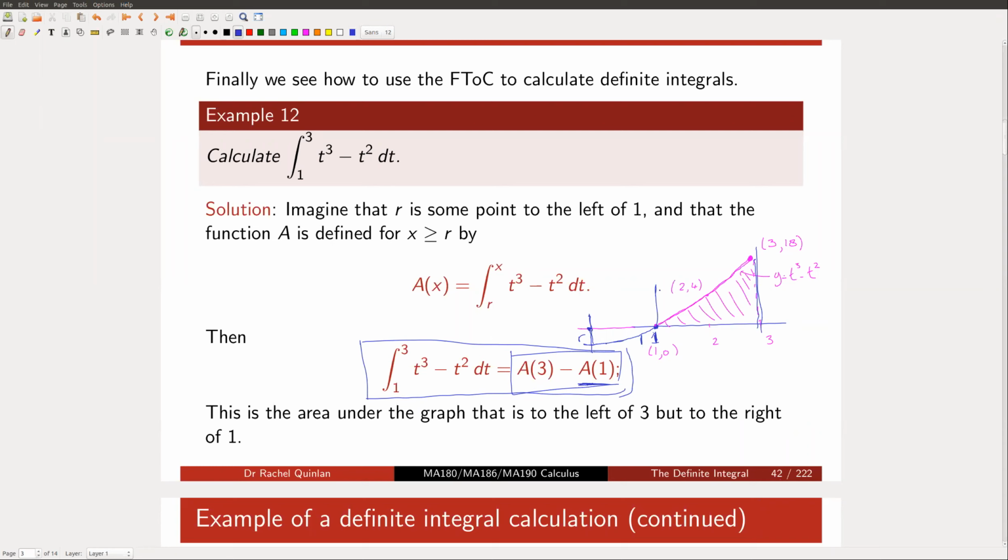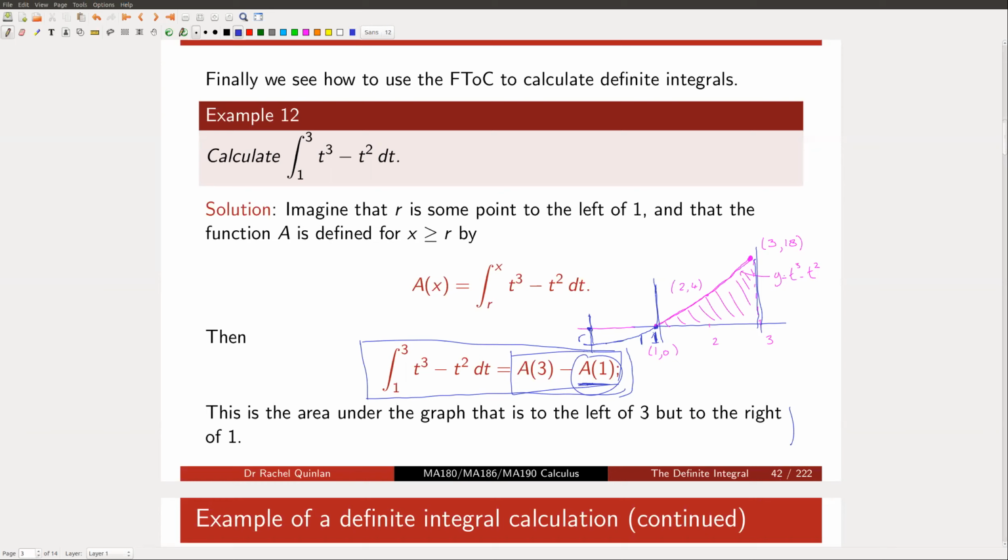And A of 1 includes all the area to the left of 1 as far as R. So if we want the area just between 3 and 1, we want everything to the left of 3, but not to the left of 1. So we should subtract the stuff to the left of 1 from the stuff to the left of 3. That's the justification for this assertion, that what we want is the value of A at 3 minus the value of A at 1. I guess it's explained more clearly in this last line. What we're talking about is the area under the graph that's to the left of 3, but to the right of 1.